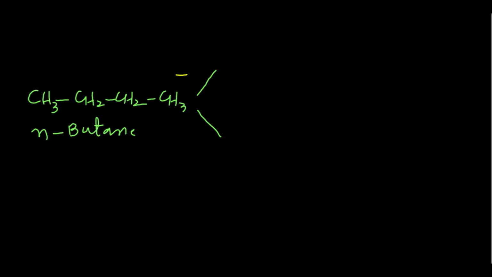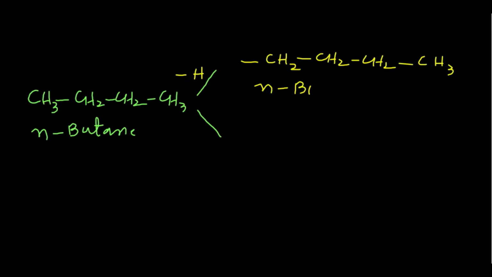For example, if the hydrogen is removed from the first carbon, the one vacancy of the first carbon becomes vacant, so we will get the n-butyl radical, CH2CH2CH2CH3. This radical is known as n-butyl. Butane to butyl, ane to yl, n-butyl radical or n-butyl group.